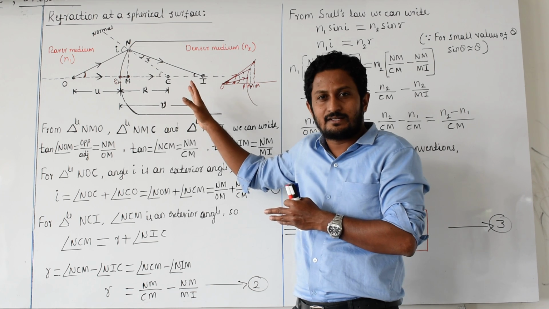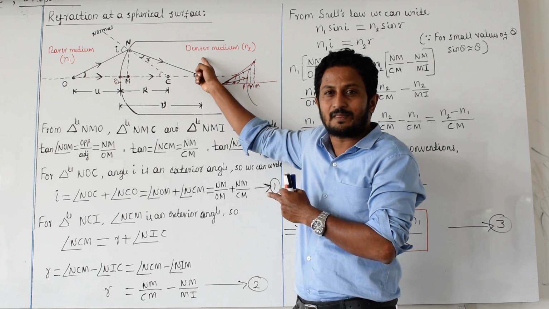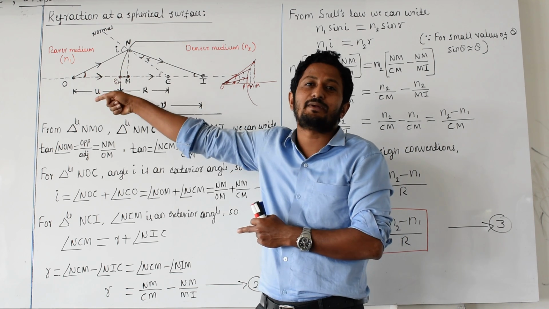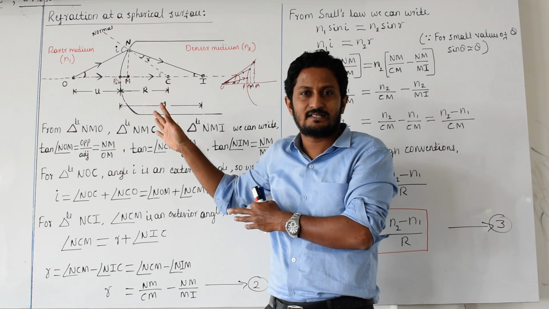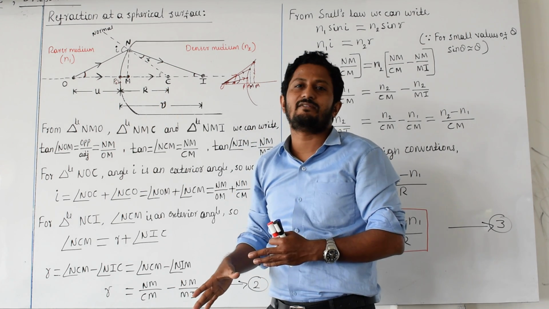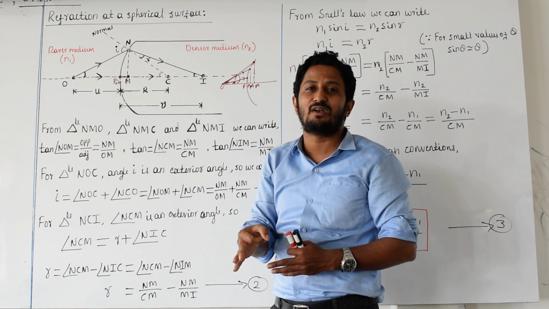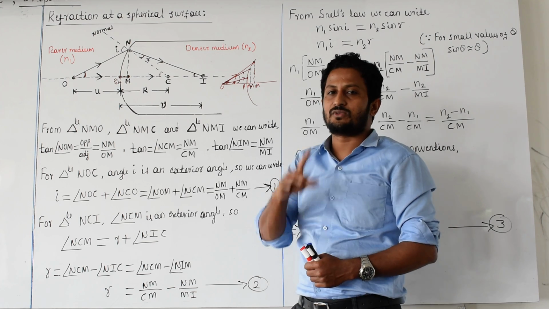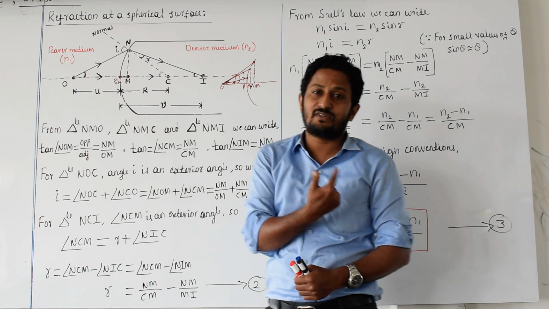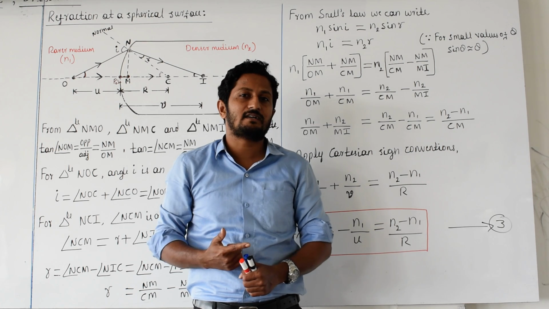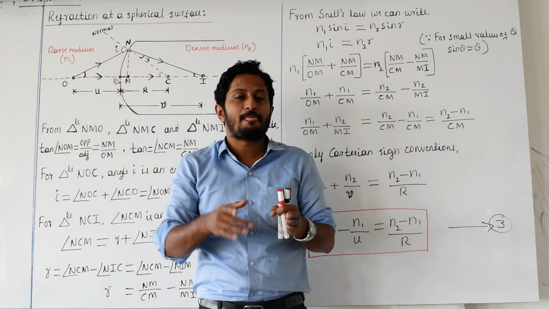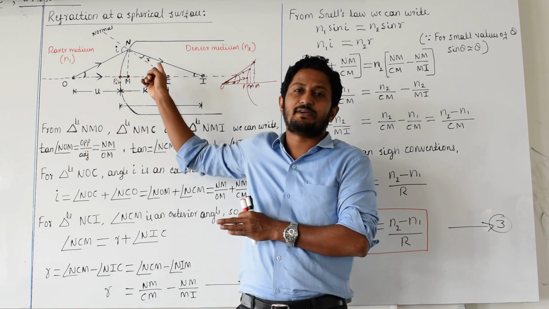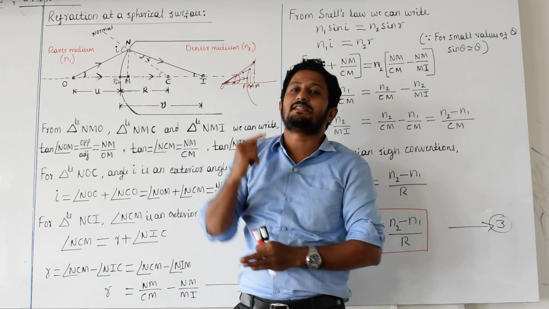In that case, you kept the object in the denser medium, and you will get the image in the rarer medium. For that case there will be a different derivation, and finally you will get a different expression. That's why this expression which we got is for the case in which we kept the object in the rarer medium, and we got the image in the denser medium.